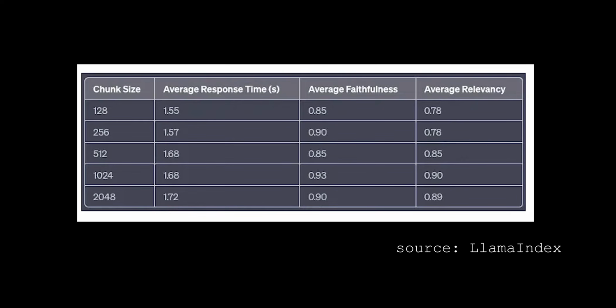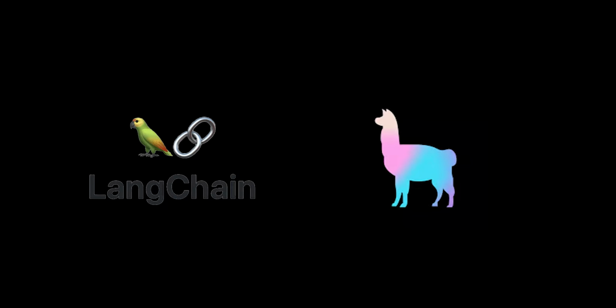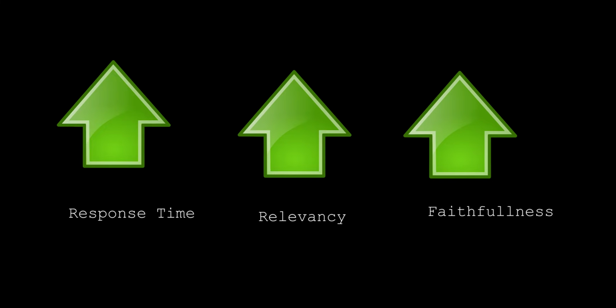However, finding the right chunk size will require many iterations and experimentations. But the thing is, APIs like LangChain and LlamaIndex actually allow you to set up and experiment with different chunk sizes quite easily. But it can take a bit of time and effort. But on the other hand, it can actually help improve response times, relevancy, and also faithfulness of the end generations. So it's definitely worth trying.